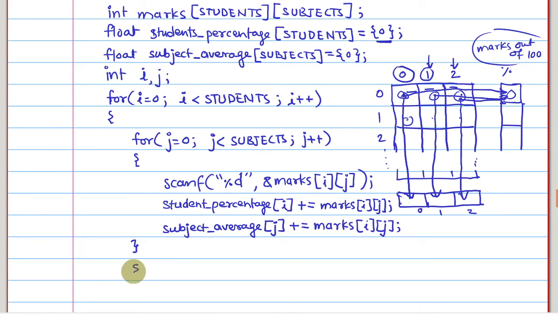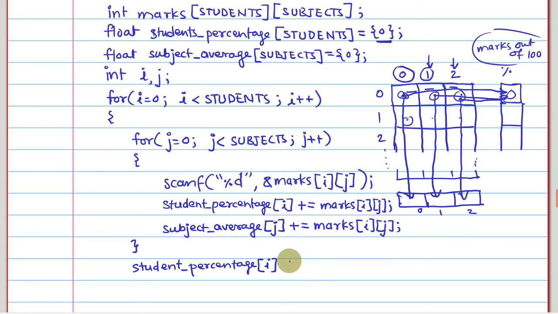So what you will do, student percentage for the ith student, right? So for index I, when we are here, it means all iterations of this inner loop have been completed, and it means we have already scanned marks of all the subjects for the ith student.